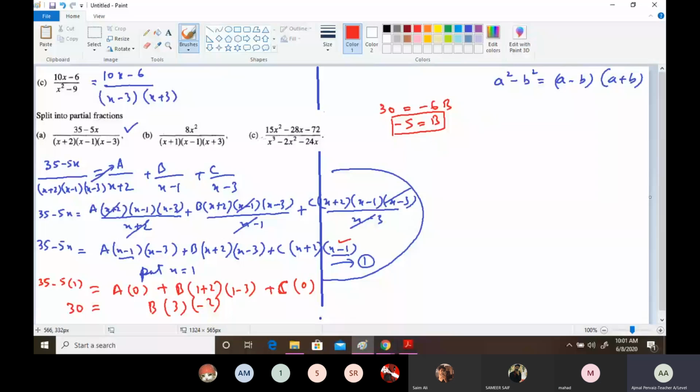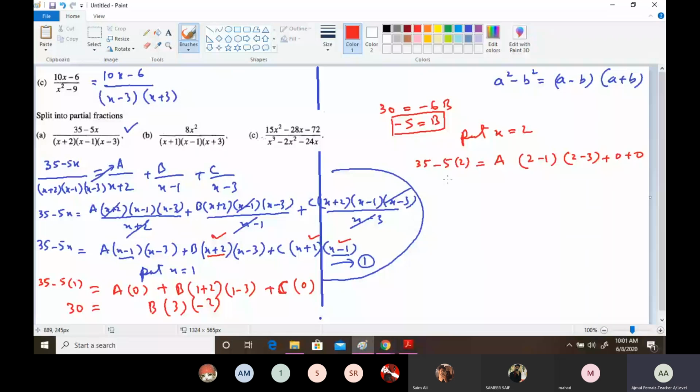Okay, now put x equals 2 to make the rest of the 2 zero. When you put x equals 2, the left side will become 35 minus 5 into 2 equals. Now this will be 0 and this will be 0. Only this one will be left. A times 2 minus 1 and 2 minus 3. The rest, both of them, will become 0.